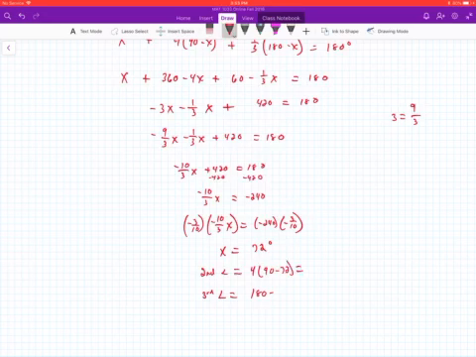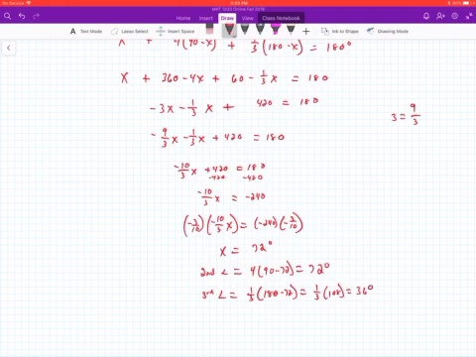That's 18 times 4, which is 72. Sorry, I made a mistake there, so I went back and fixed it. The last one is 1/3 times 180 minus 72. If I do 180 minus 72, I get 108. So it's 1/3 times 108, and I get 36 degrees.